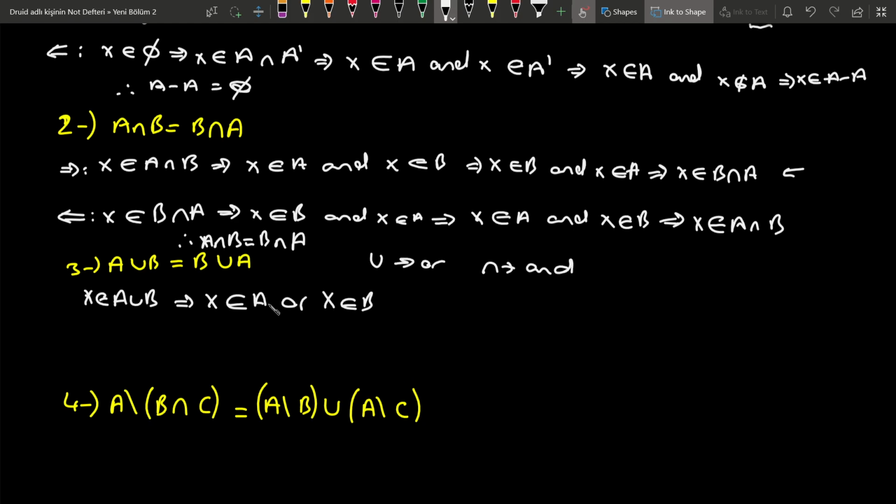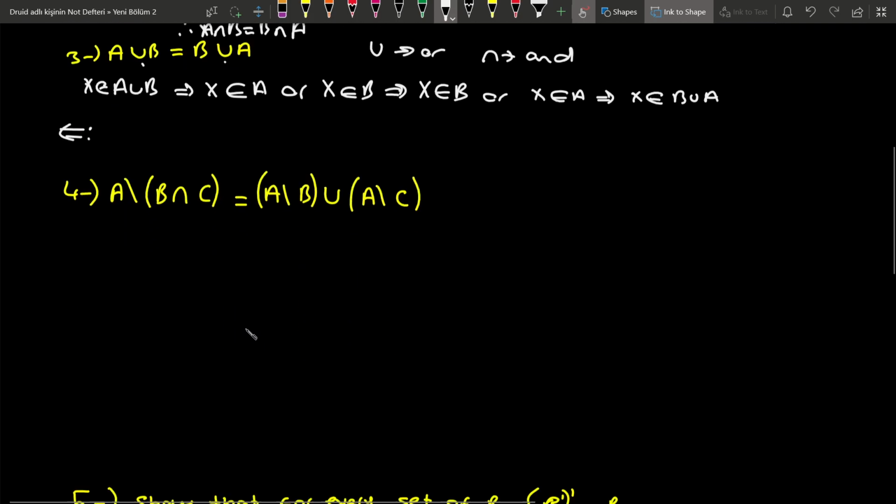X belongs to A or X belongs to B. Therefore, we can say X belongs to B or X belongs to A. It's the same thing. So this means X belongs to B union A. Why did we start, why did we finish? I will leave the backwards to you guys. It's just writing the same thing backwards.